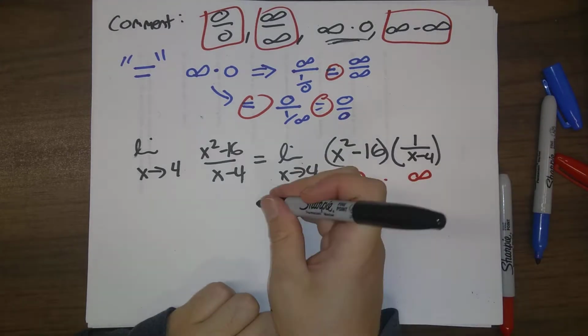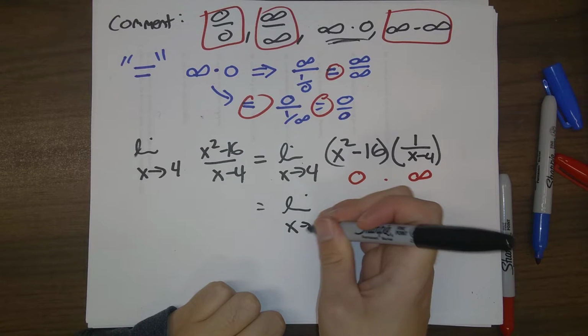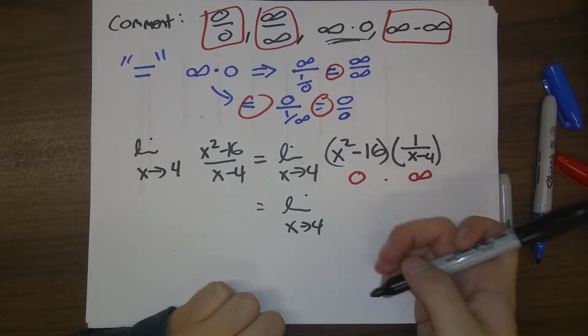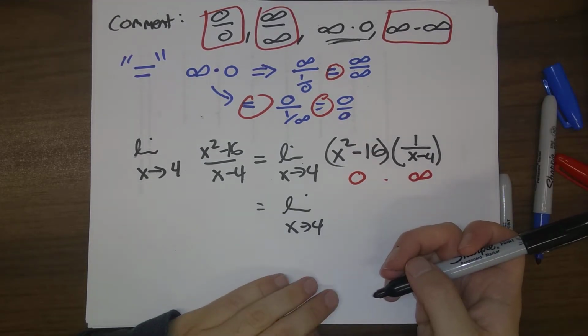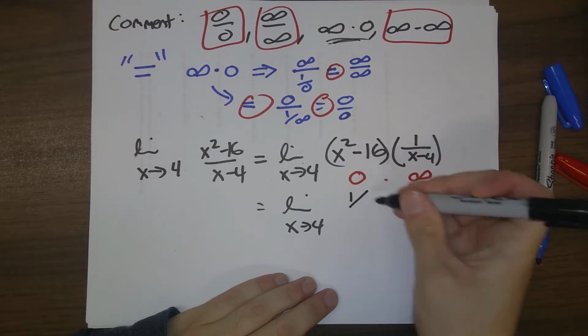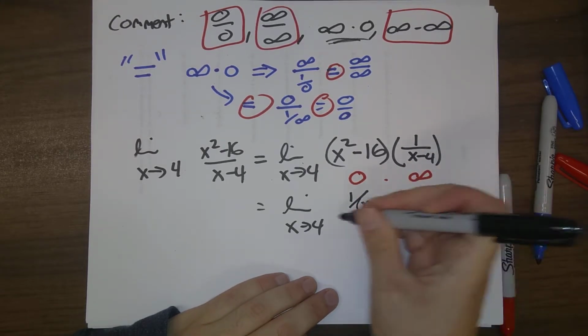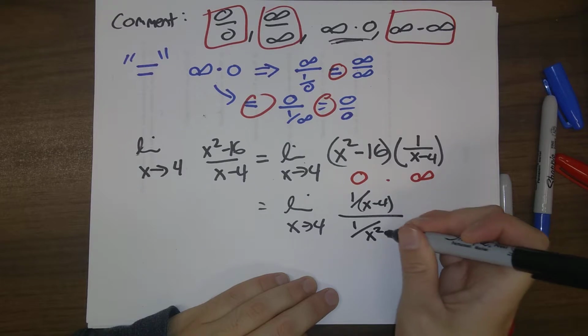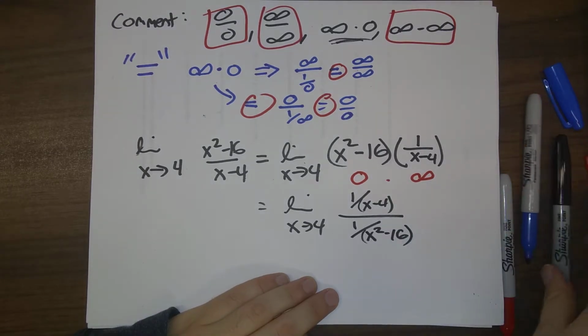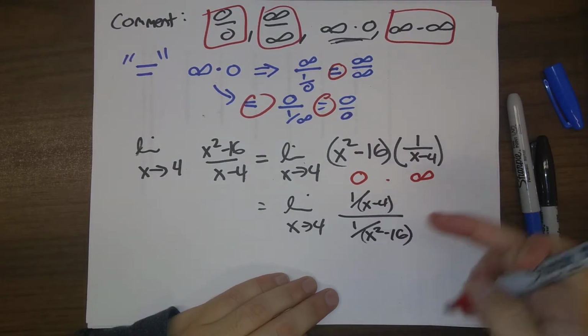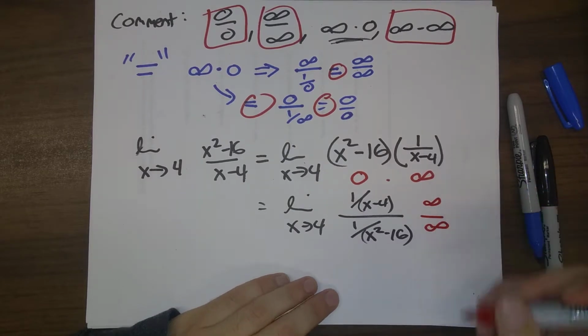Or if we had wanted to make this really complicated, we could put the x squared minus 16 in the denominator and have 1 over x minus 4 over 1 over x squared minus 16. Now that goes to infinity, that goes to infinity. We have an infinity over infinity form.